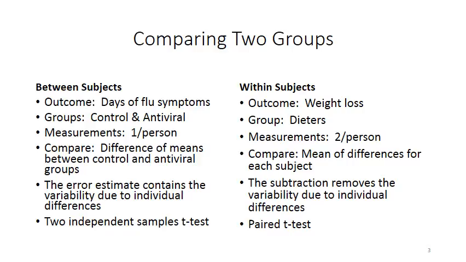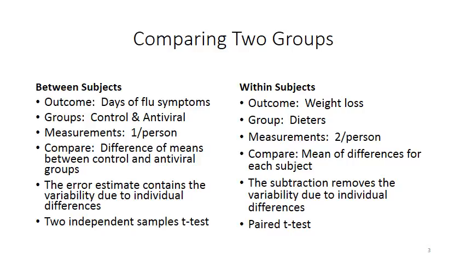In a paired comparison, or a within subjects design, a test subject will be measured twice. The point estimate for an independent samples comparison will be the difference of two means, the means of each group. In the paired comparison, the difference is taken between the readings of each subject and the average of those differences is taken.